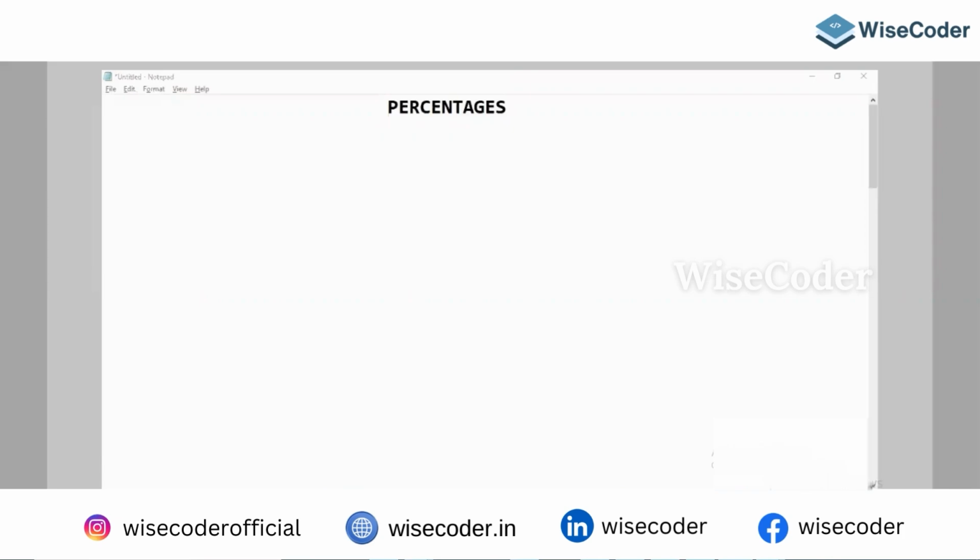Let's take one example. Let's say 7 by 11 needs to be represented as a percentage. If I want to convert it into a percentage, 7 by 11 into 100: the numerator is multiplied by 100, and the denominator is multiplied by 100.